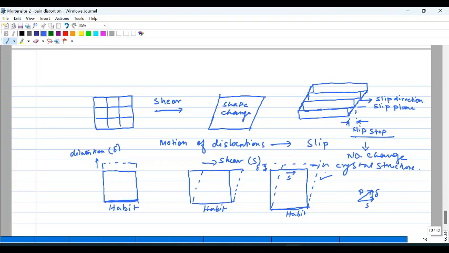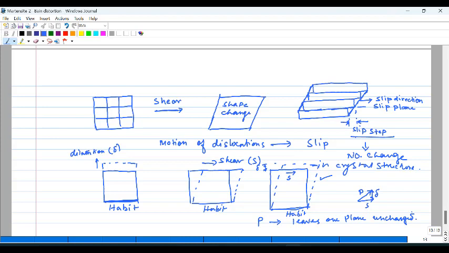So this strain that you have, the strain that is causing the austenite to transform to martensite, is a strain which leaves one plane unchanged. This leaves a plane invariant.